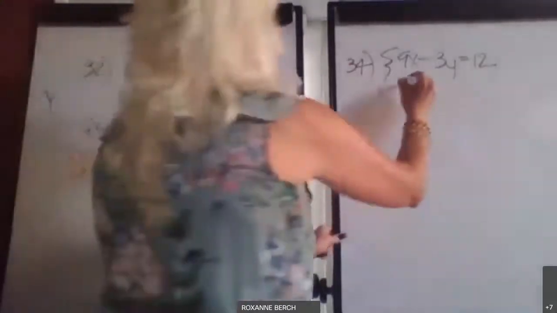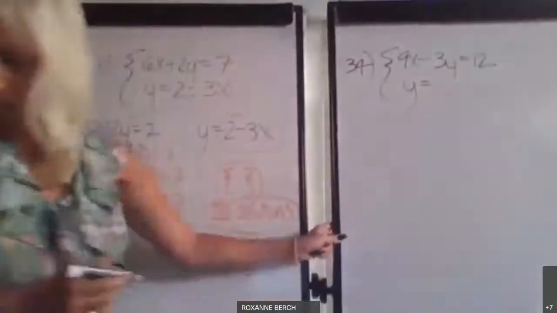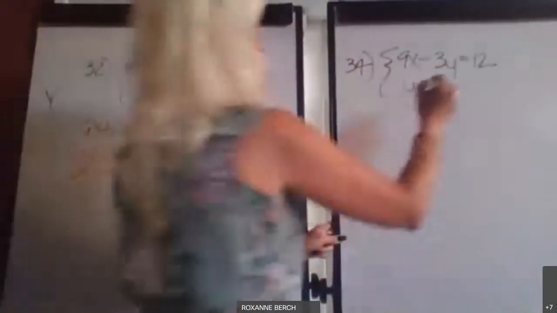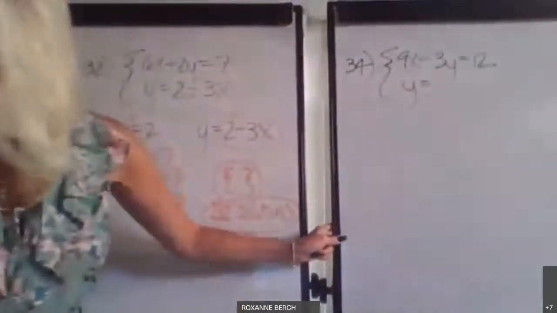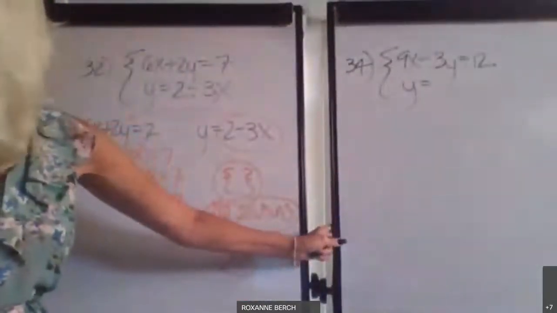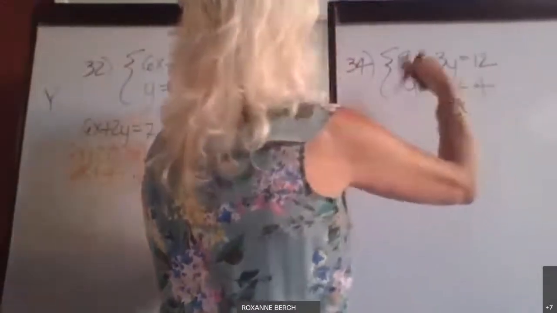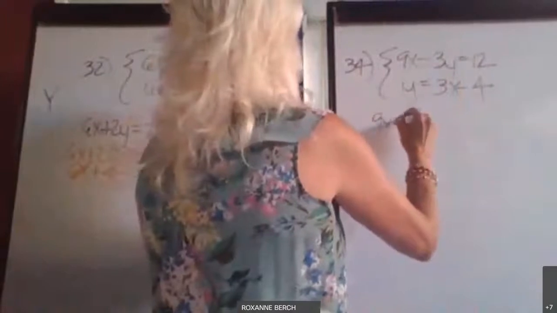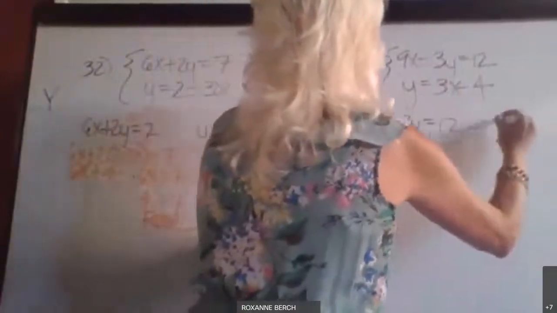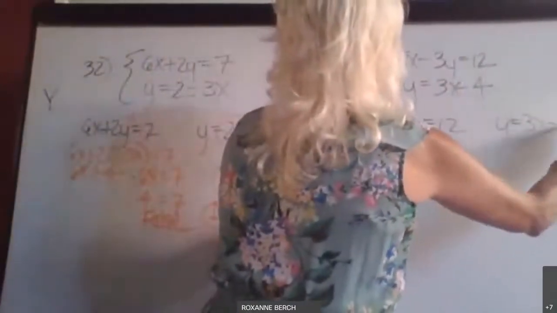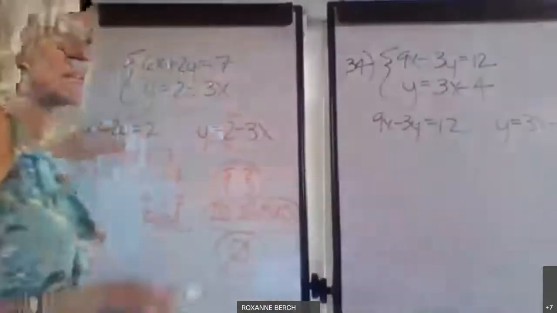The other equation is y equals 3x minus 4. So you're going to use substitution again. Before I do that, I would divide this by 3. That's what I would do.